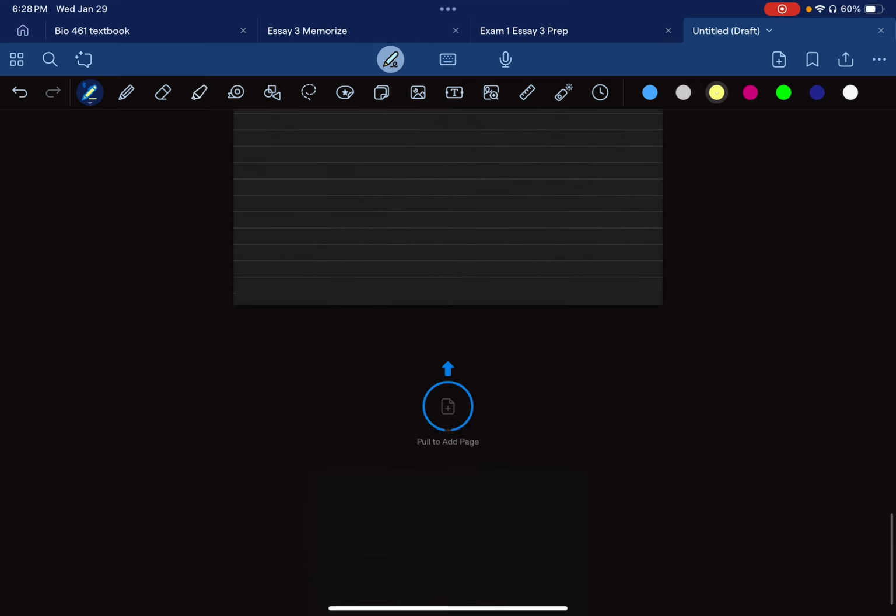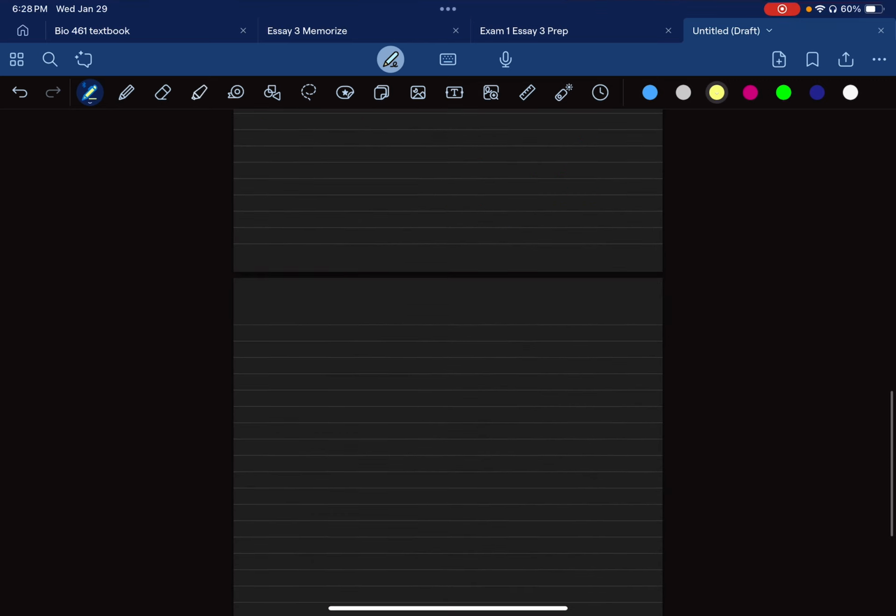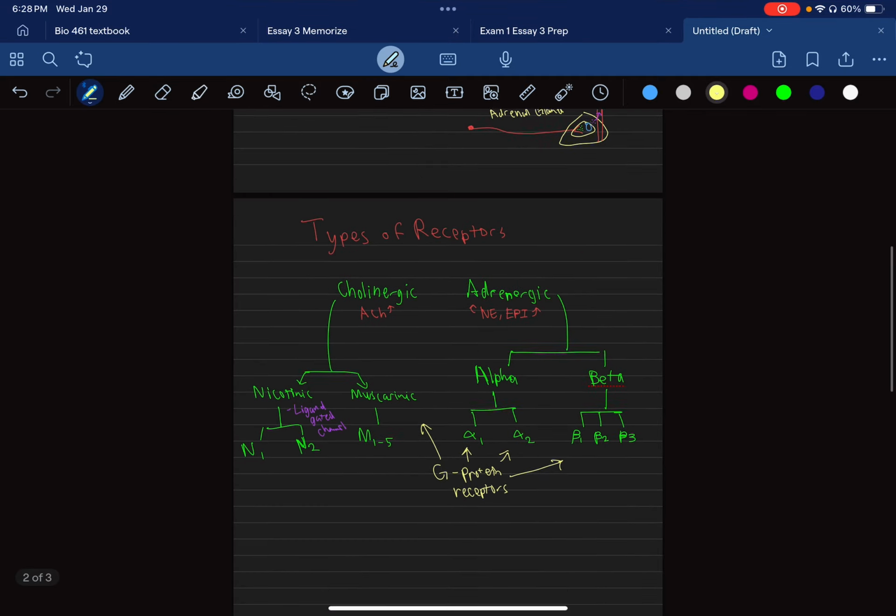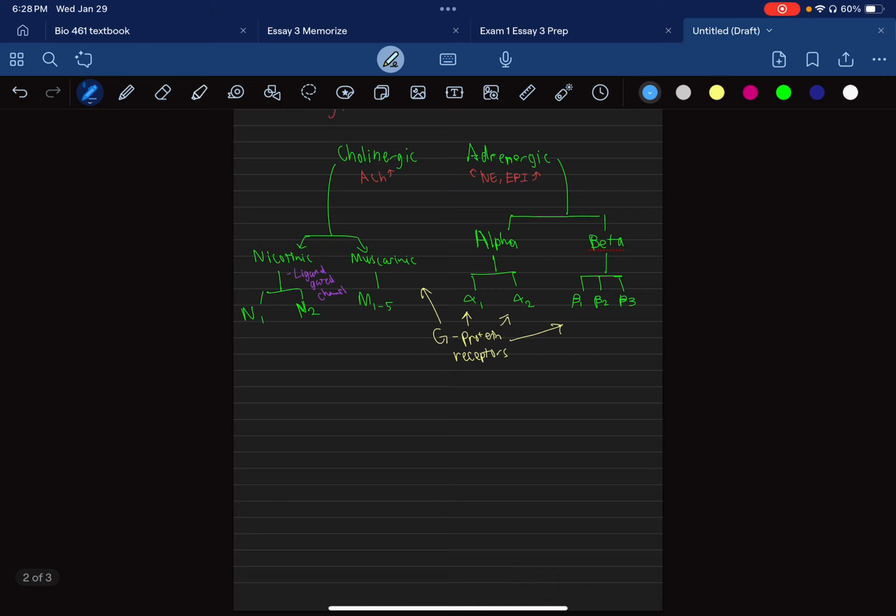As we continue on here, just want to review the question real quick, make sure I haven't missed anything. Let's cover a little bit about the neurotransmitters.